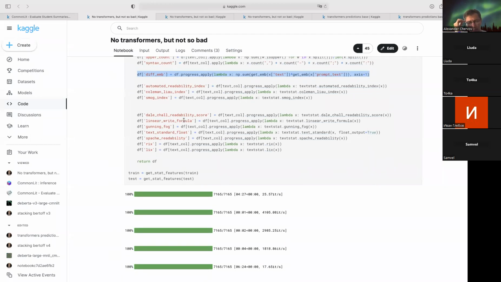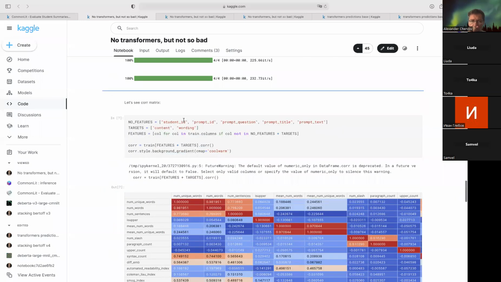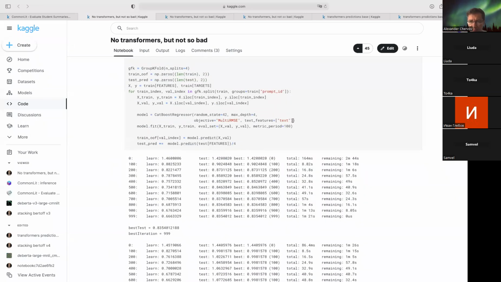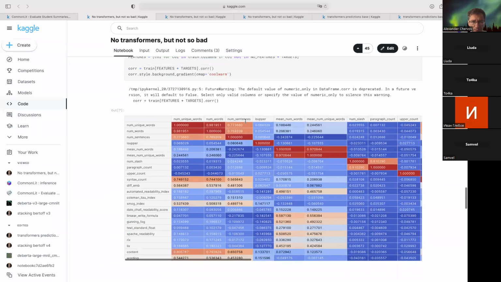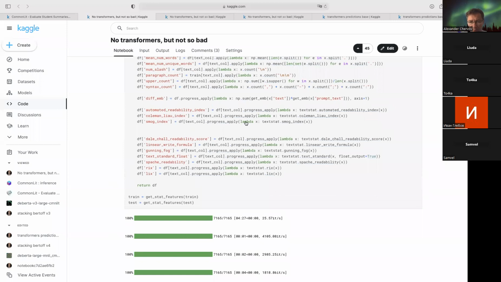But here's a tricky thing: actually I use the text column as a feature of CatBoost without getting embeddings from transformer models. But you can try using this notebook and add embeddings from text as features. Maybe I did not use this approach correctly, and maybe you will get much better results.